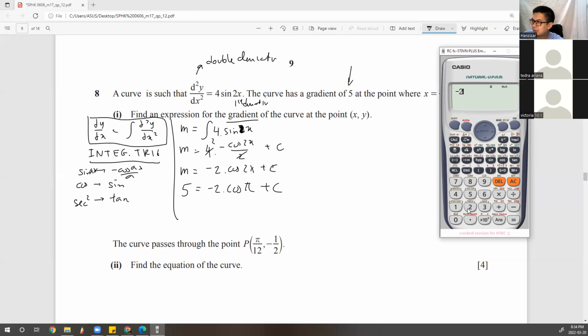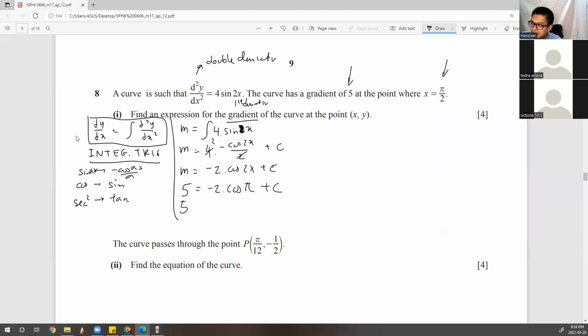So negative 2 cos pi equals 2. Okay, nice. 5 equals 2. Are you sure? Why? I'm not sure. Oh yeah, okay, just let it be. Plus c, right? You put it on the calculator. Okay, and then c equals 3.